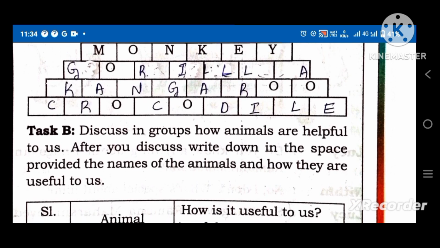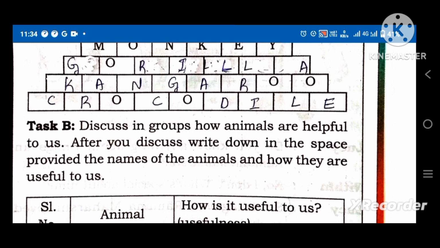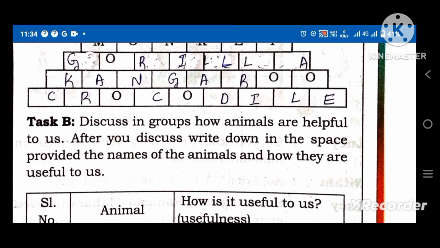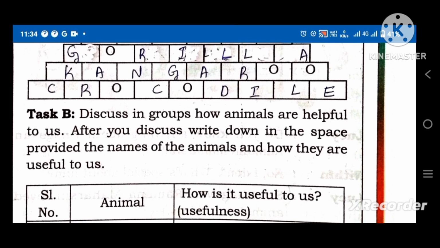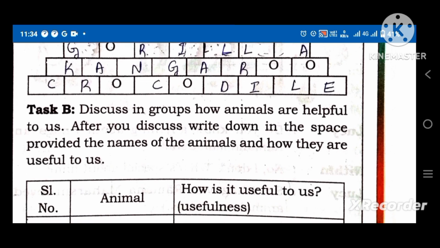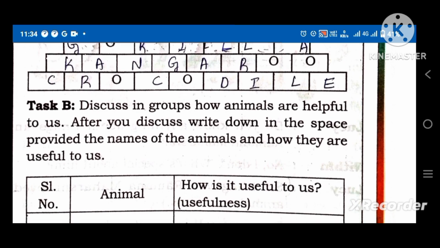After you discuss, write down in the space provided the names of the animals and how they are useful to us. Serial number, animal, how is it useful to us? Usefulness.